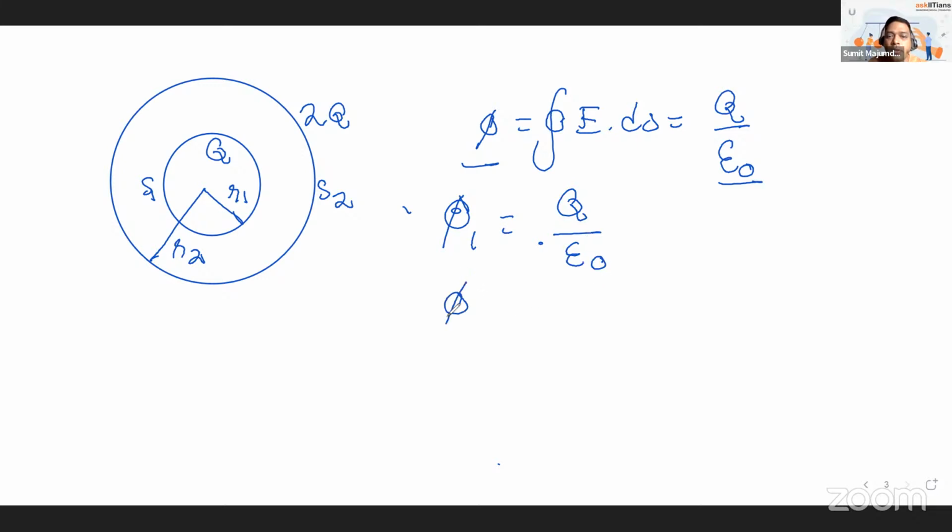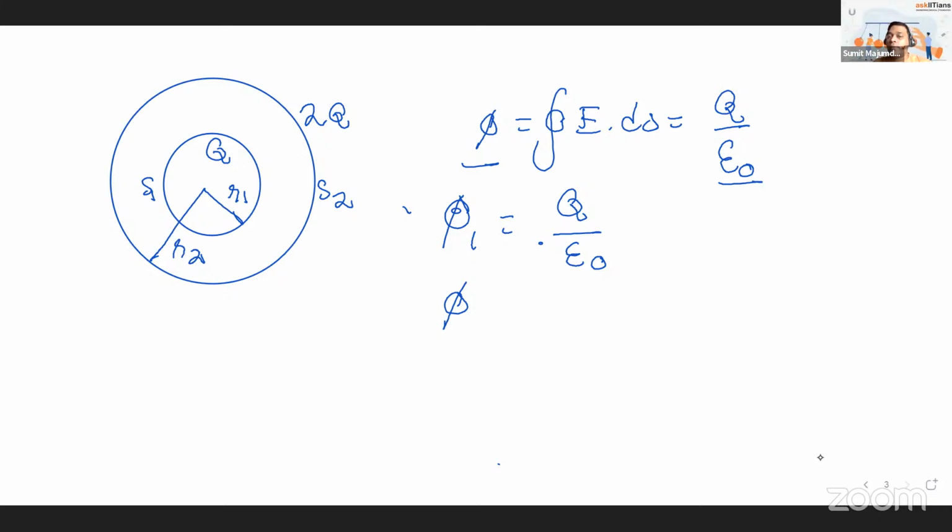If we talk about the flux coming out from the outer sphere, the outer sphere has an additional charge 2Q also. Now, this is where it becomes interesting, because the inner one is a shell, so the charge is going to be on the surface of the shell. You cannot limit that charge to resulting in a flux only inside sphere 1.